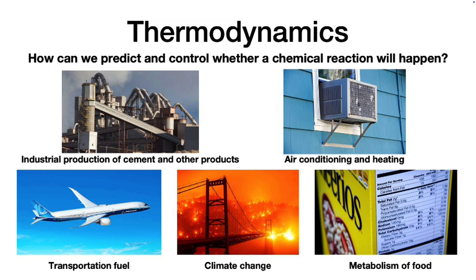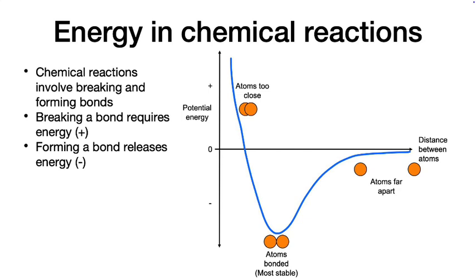Is that something I need to invest a lot of energy in to force to happen? We can look at it in fuel transportation. All of those individual systems are looking at how heat is transferred from one system to another, and how we can understand it and control it.